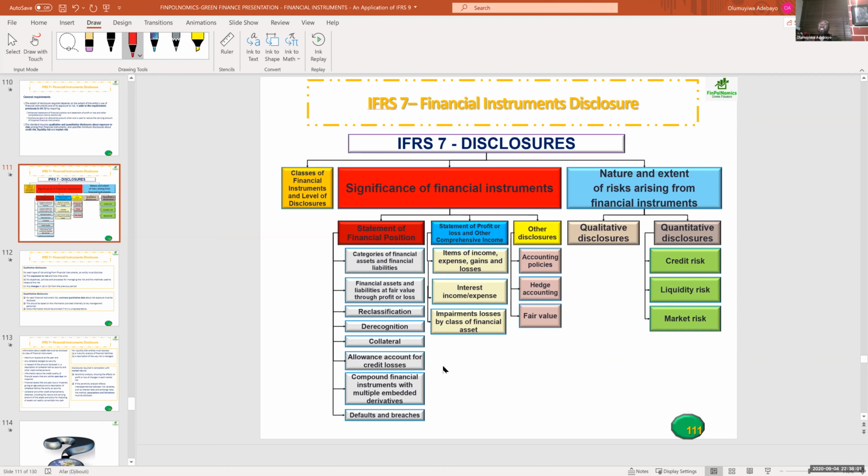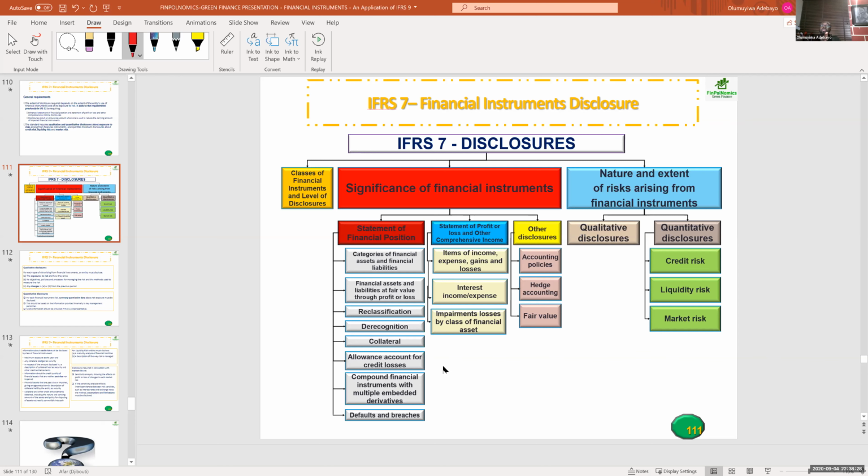And at this disclosure level, remember that we don't measure amortized cost for assets at fair value. But for disclosure purposes, we will disclose the fair value alongside the amortized cost, just for the users of financial statements to have a feel of what the market is saying about this financial asset.